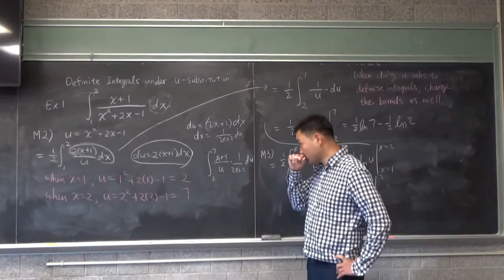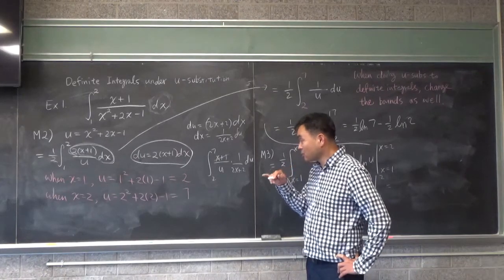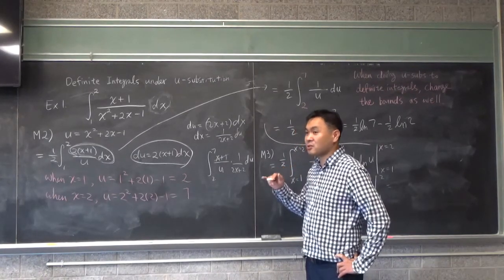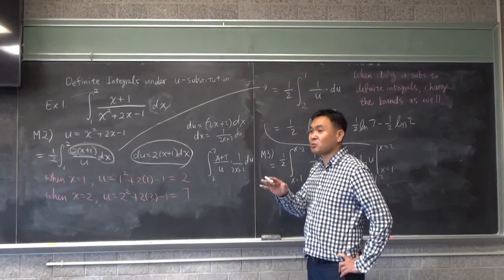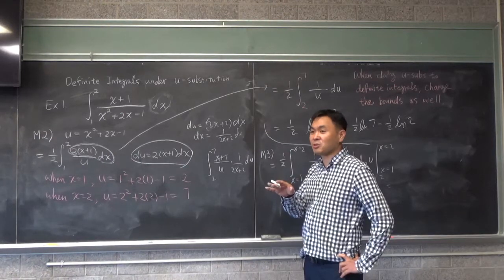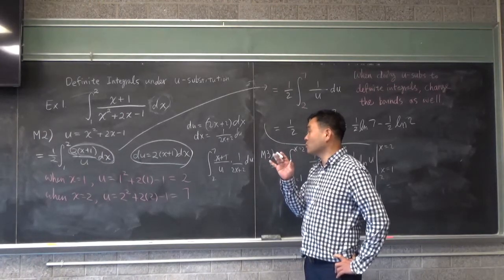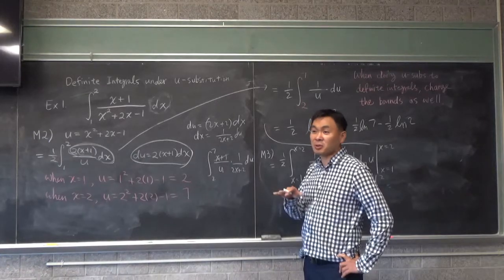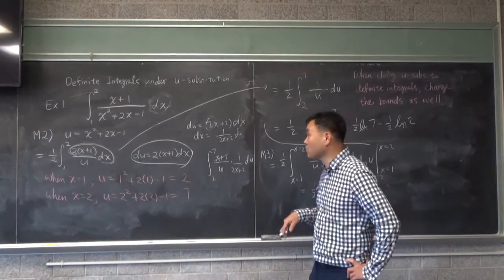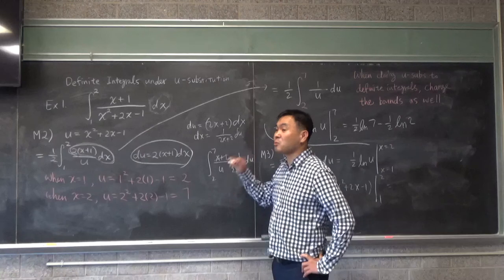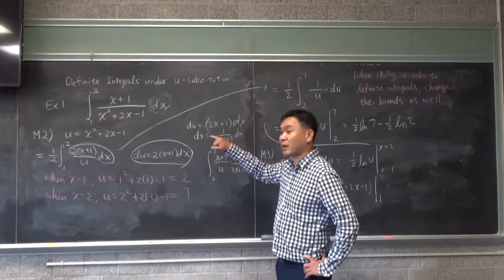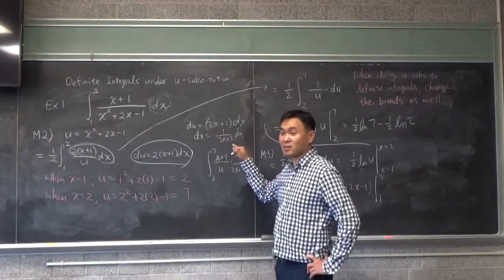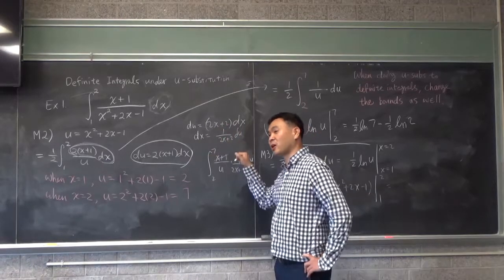Why? That's because here in this school, most of you are engineers, and you have to take multivariable calculus, right? In multivariable calculus, you do double integrals, where you don't just integrate by x, but you also integrate in y. So you integrate by x first and then y.